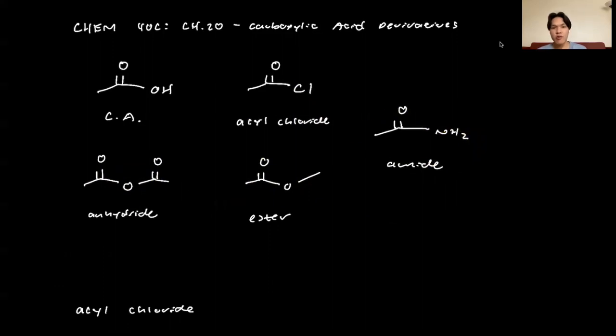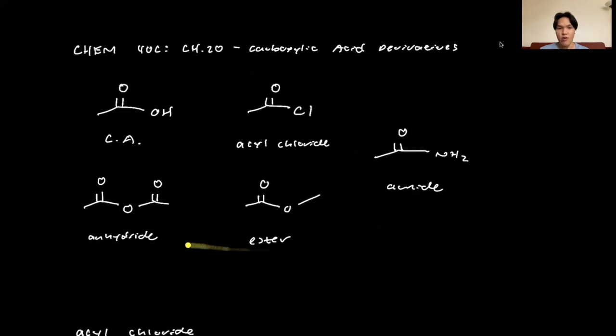So chapter 20 really goes in depth about all these derivatives and their chemistry and how you can synthesize them. But in this video, we're going to be focusing on the two most reactive ones, the acyl chloride as well as the anhydride, right? So let's get started. First, we're going to focus on the acyl chloride.